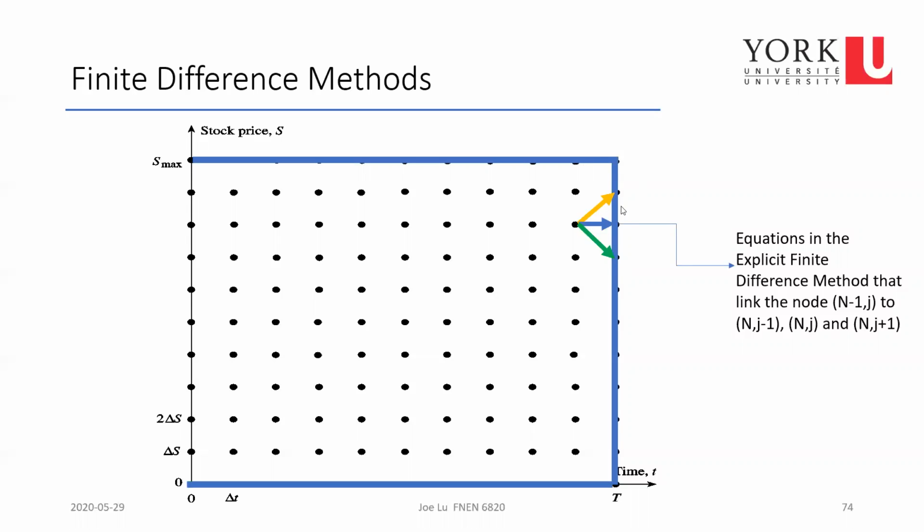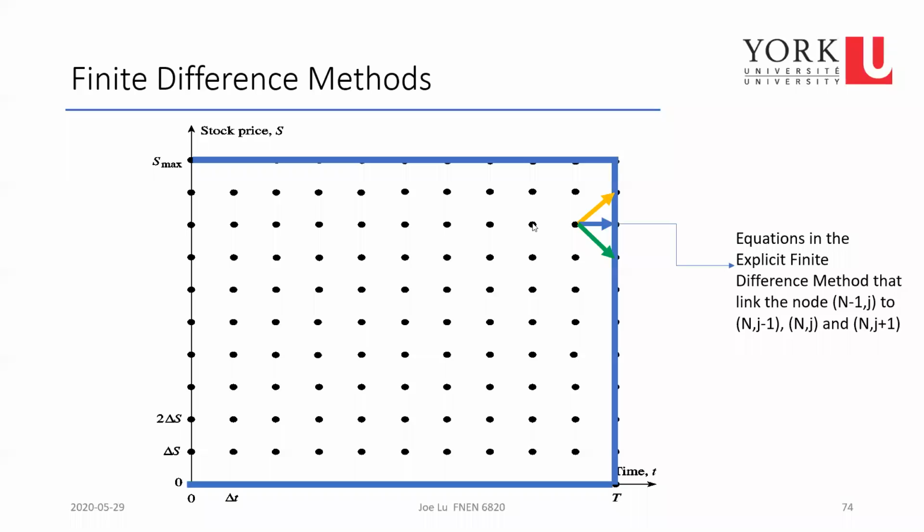Now, if you have an American option, you can calculate the expected discounted value. If that value is less than the immediate exercise value, you replace the F value here with the immediate exercise value rather than the discounted expected value. Then you get a whole set of numbers here.